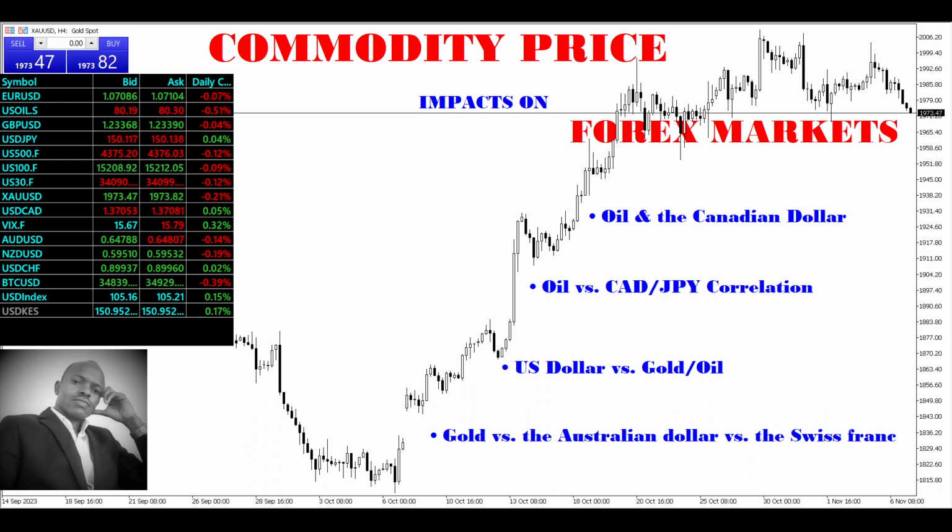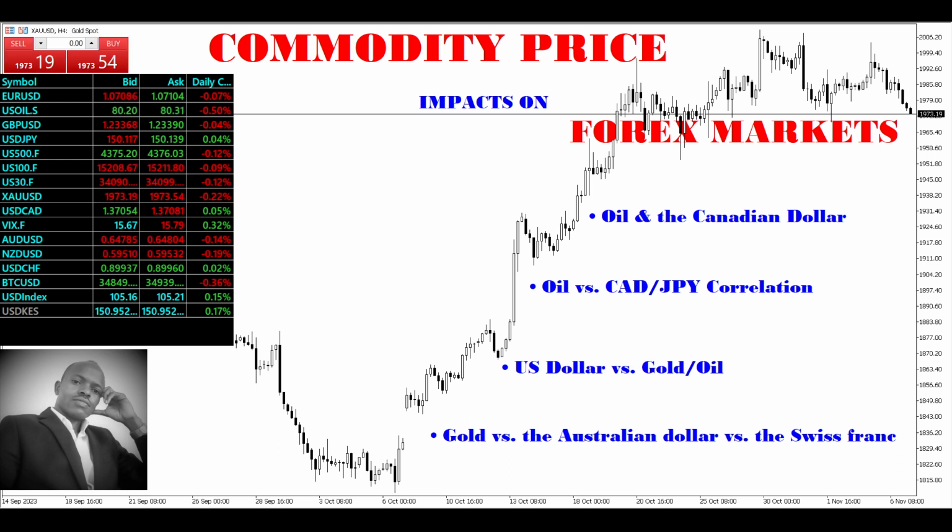The other correlation we will be looking at is that of oil versus the Canadian dollar and the Japanese yen. So we see that, on the other hand, Japan is a net oil importer.